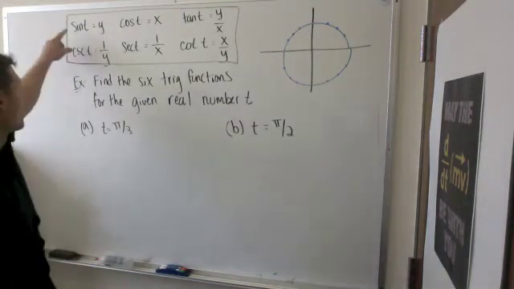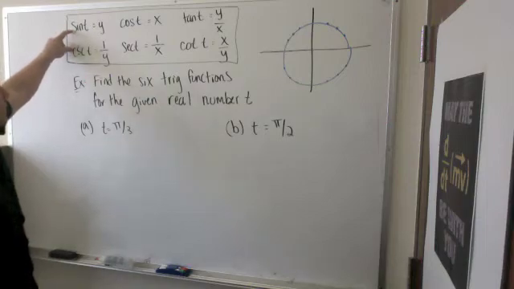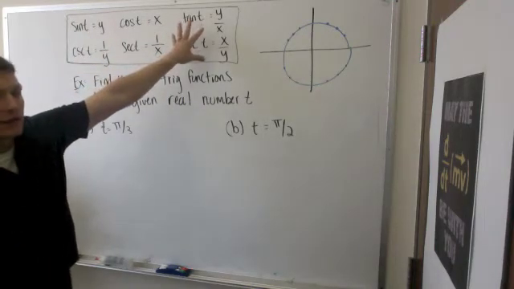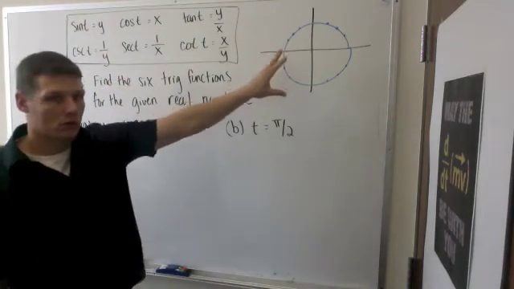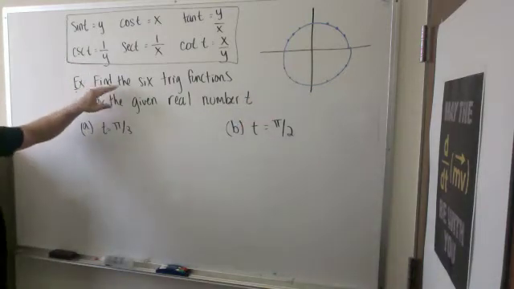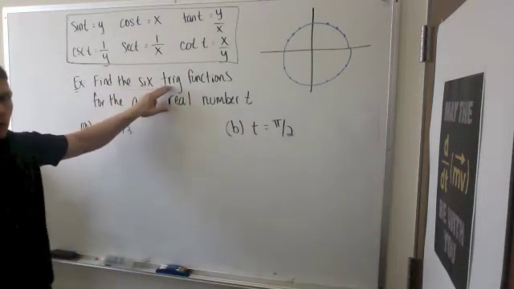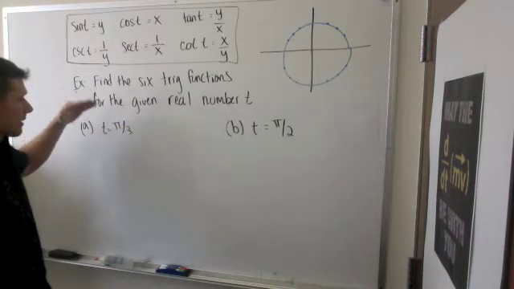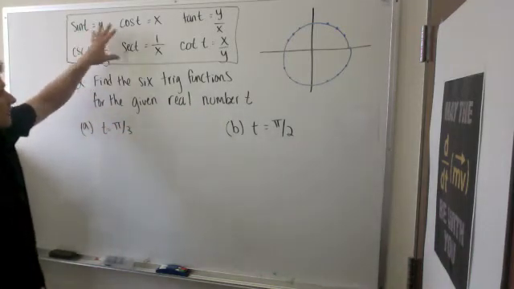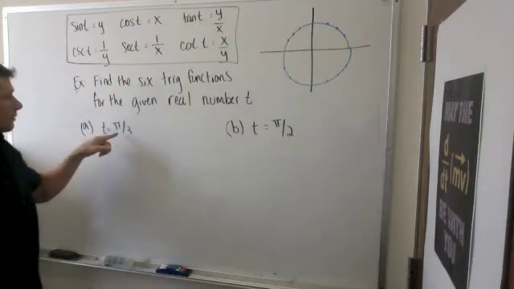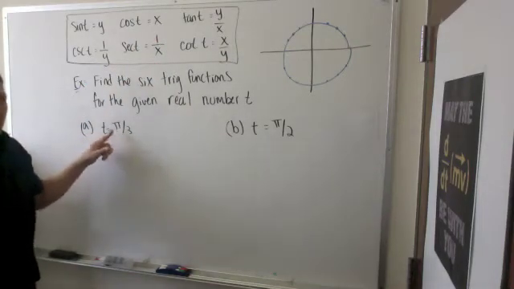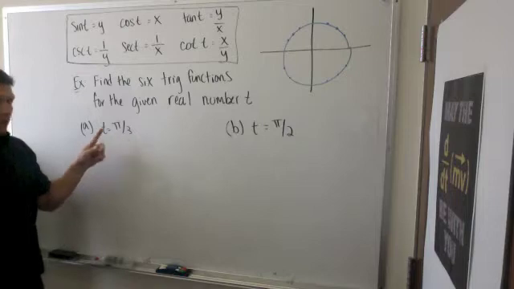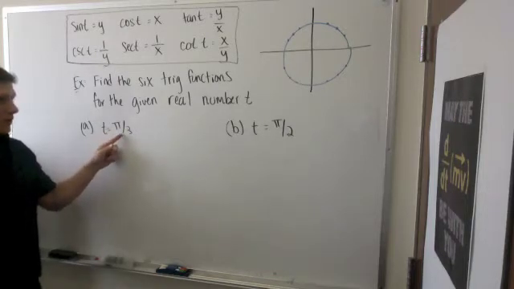Okay, so up here I've rewritten all our trigonometric functions and the definitions. I've drawn a little unit circle over here, and my question is find the 6 trigonometric, trig for short, functions for the given real number t. So I want to list out all 6 of these values given that t equals pi over 3. What we have to first do is find the terminal point associated with this value of t.